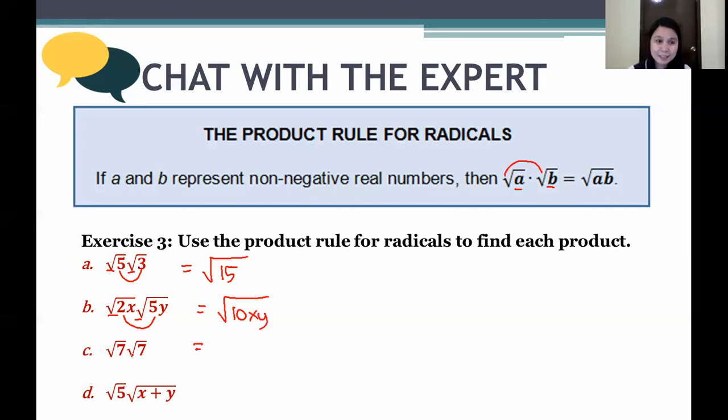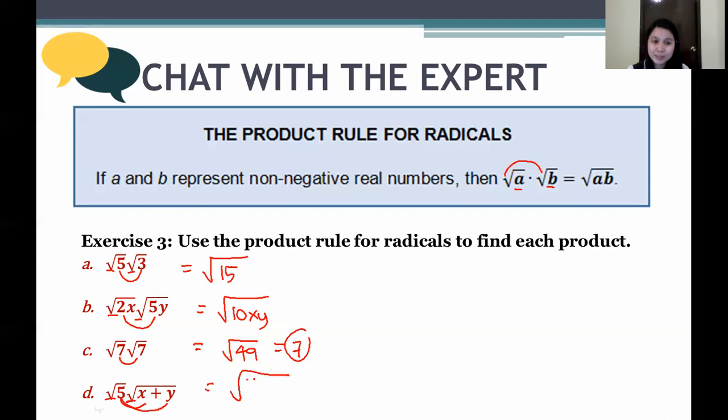Next, 7 times 7, same radicand, square root of 49. But we can simplify that. The answer is 7. Very good. The last, same index, we can multiply them. Distribute.